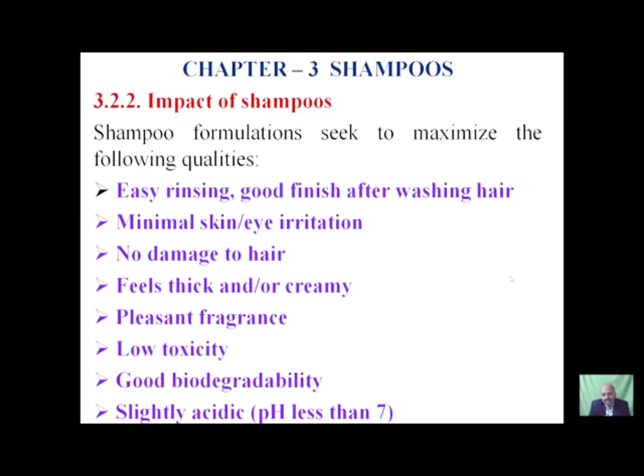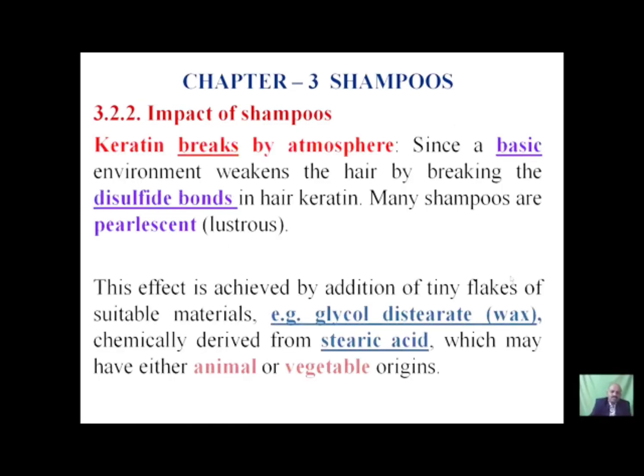After shampooing, you'll feel that the hair becomes thick and it gives a creamy effect, and it gives a pleasant fragrance, a good smell after shampooing the hair, and it is non-toxic or low toxicity in nature, with good biodegradability, we can say. So the shampoo after washing can be passed into the drainage, and it is biodegradable, I mean to say good biodegradability. It will not cause any effect to the atmosphere, and it is slightly acidic in nature. This is about the formulation of shampoo.